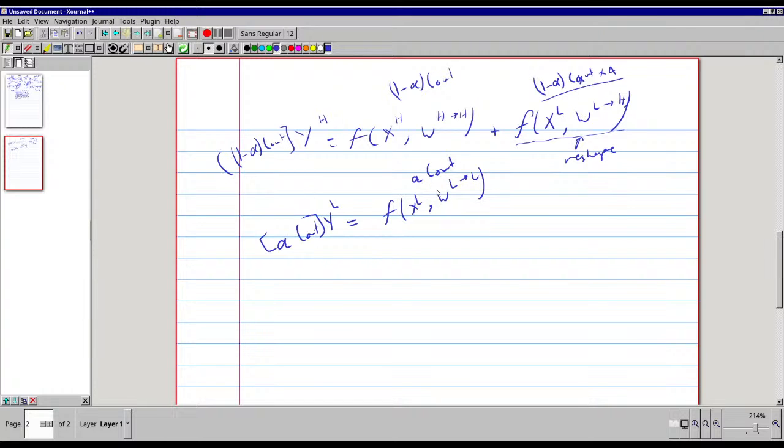The number of filters here, plus F of X high, high to low, and the number of filters here is alpha C out over 4, and reshape it.